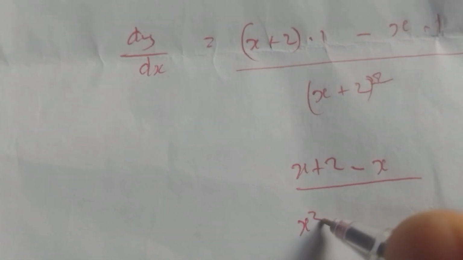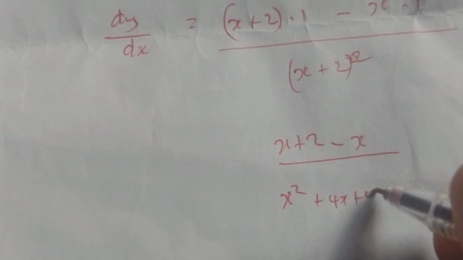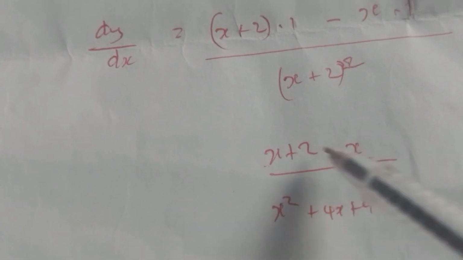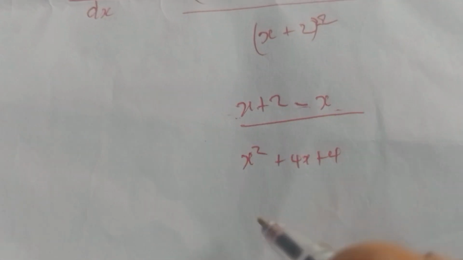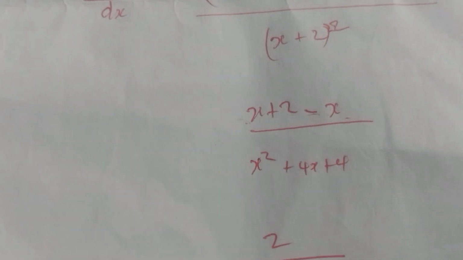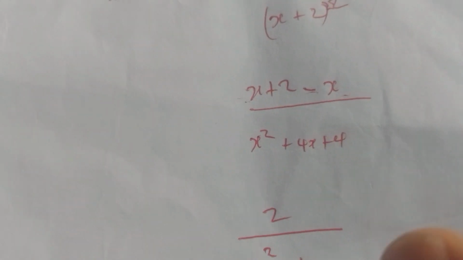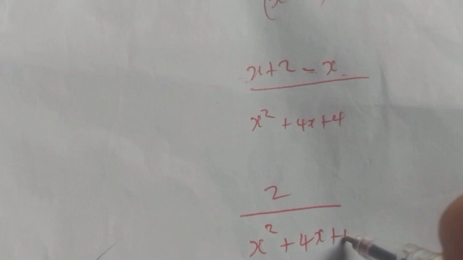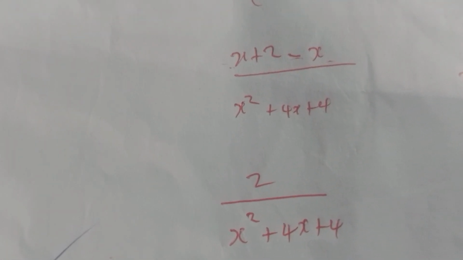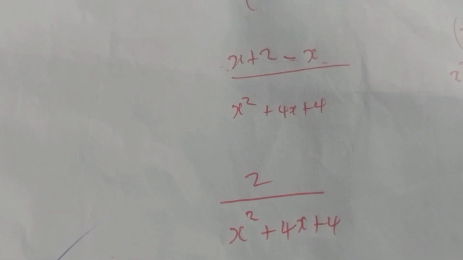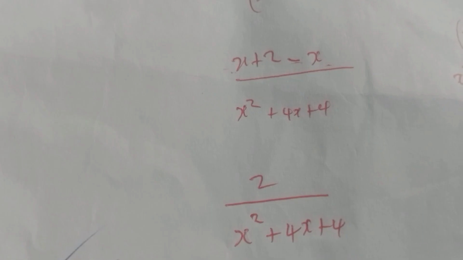So this will give us x squared plus 4x plus 4. You know, this and this will cancel out, right? So we're now left with 2 all over x squared plus 4x plus 4. So this will be the final answer.